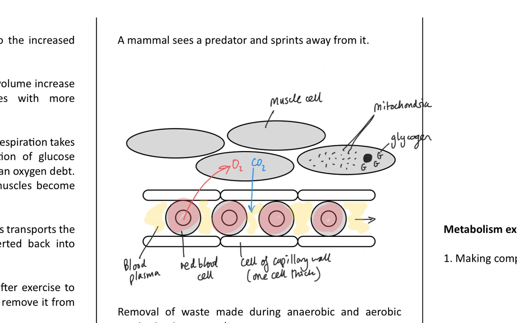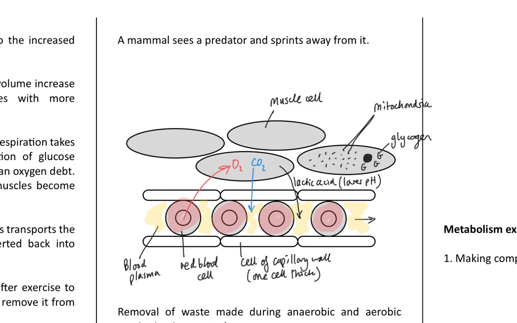But if it's doing anaerobic as well, then these cells are going to be producing lactic acid. So from this cell here, we're going to get lactic acid. It has to get rid of the lactic acid because acids lower pH, and the enzymes needed by the muscle cells wouldn't work correctly.